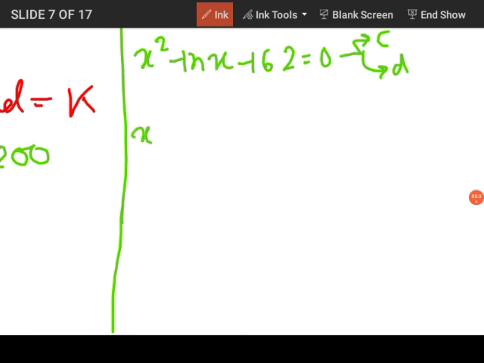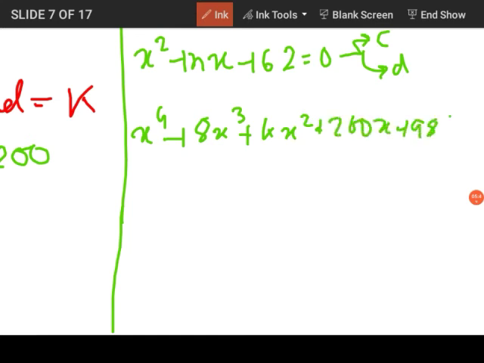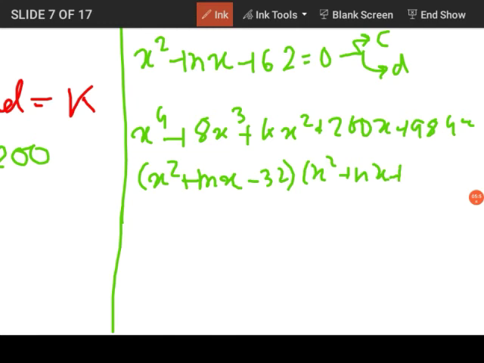So x raised to the power 4 minus 18x cube plus kx square plus 200x minus 1984 is equal to x square plus mx minus 32 multiplied by x square plus nx plus 62.